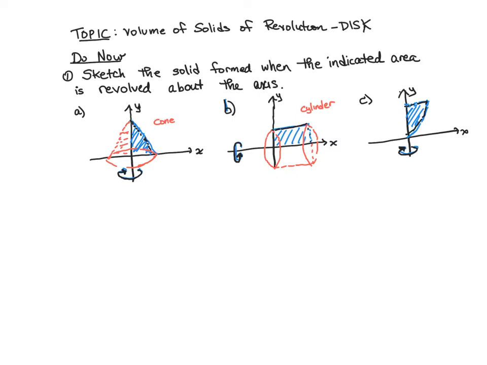And then finally, when we rotate half of this parabola out toward us and around, it will be reflected here. And it would form a circular base coming out and then back in. And this is called a paraboloid.